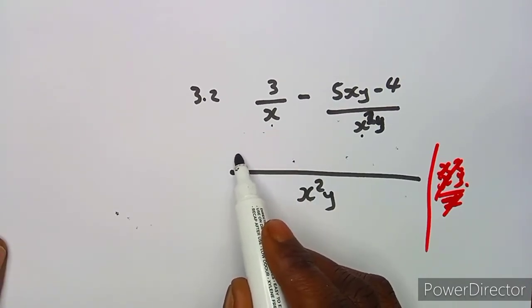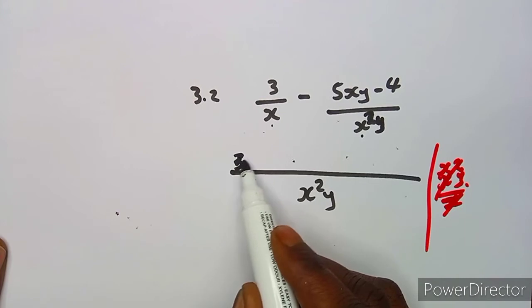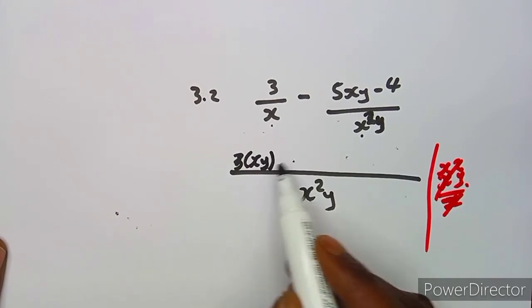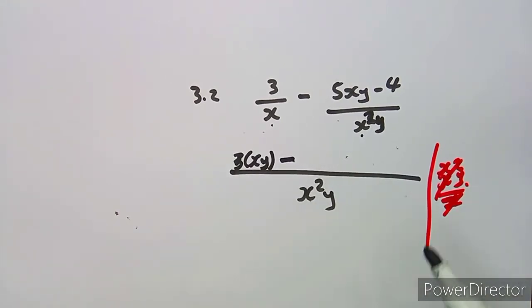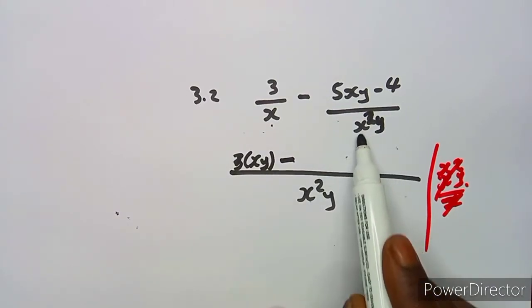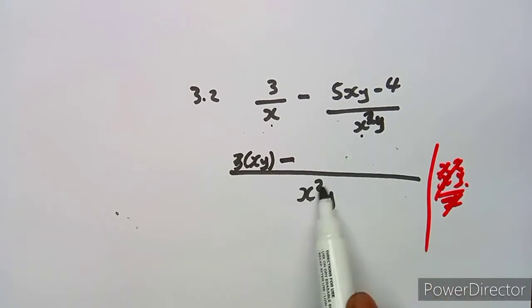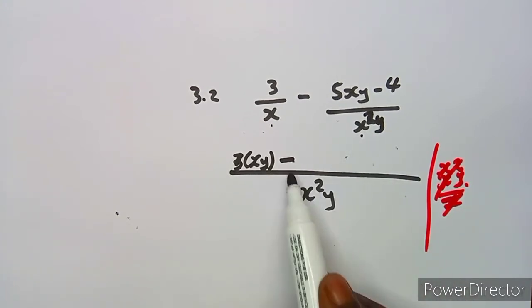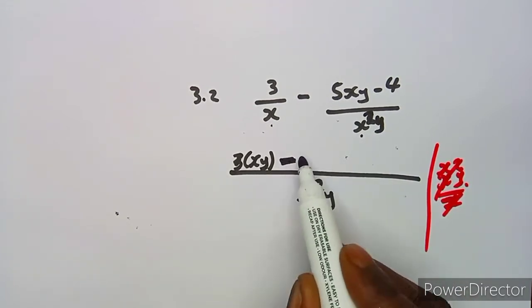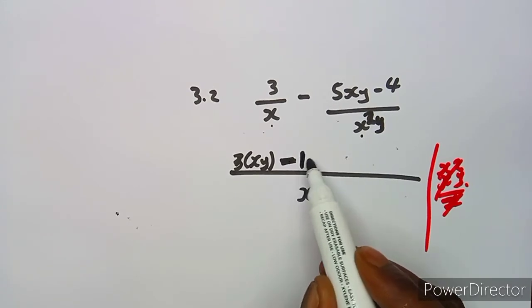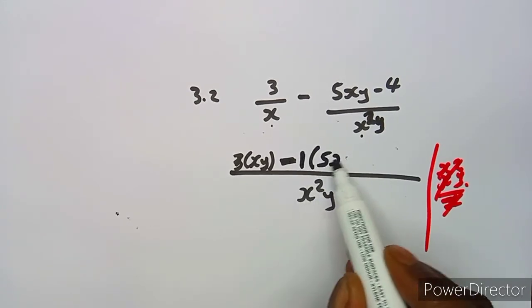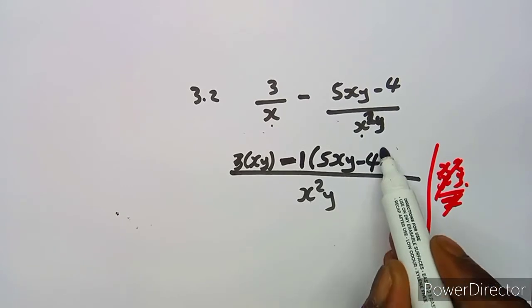Okay, so it's xy times 3, which is just 3xy, guys, minus. Okay, so as you can see here, x squared y divide by x squared y, these two, they're actually the same, so you're going to obtain 1, but there's a negative here, so it's going to be minus 1 into 5xy like this, minus 4.